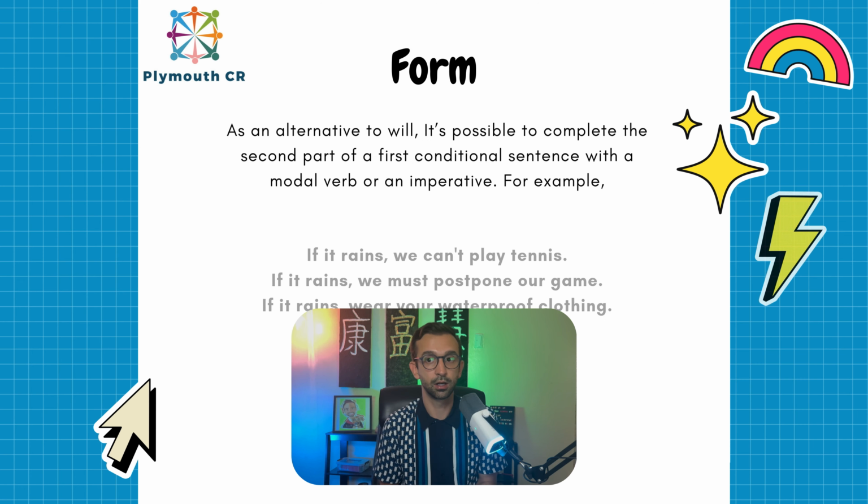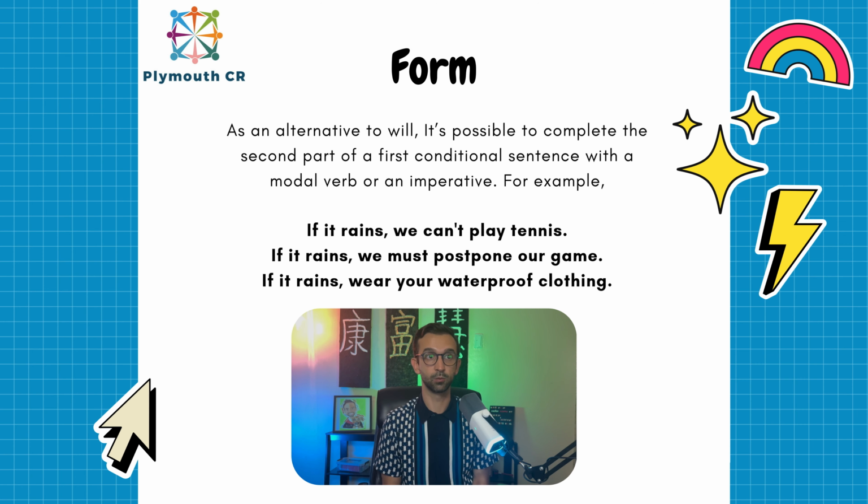There is another thing that is important to talk about, which is an alternative to will, right? To the action happening in the future or the consequence. It's possible to complete the second part of this. I call it the second part, but as we saw in the previous slide, it can actually be inverted. But well, the result clause can be stated using modal verbs or imperatives.